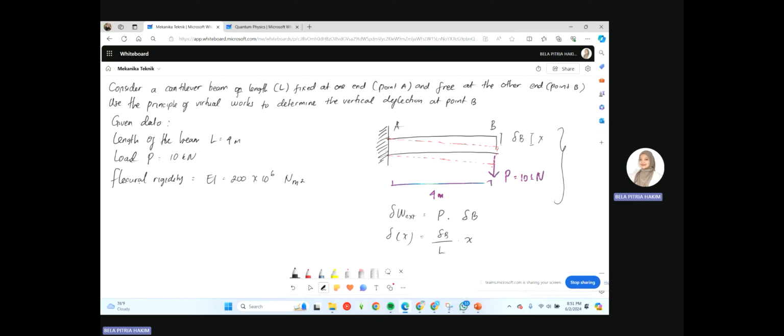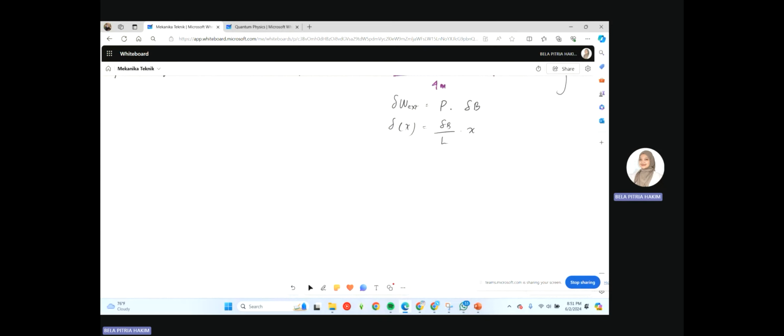After this, the internal virtual work is given by integrating the moment times the virtual curvature over the length of the beam. So we know that there is an internal condition. We write it down over here.